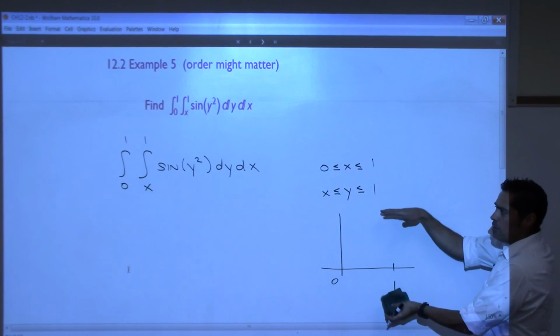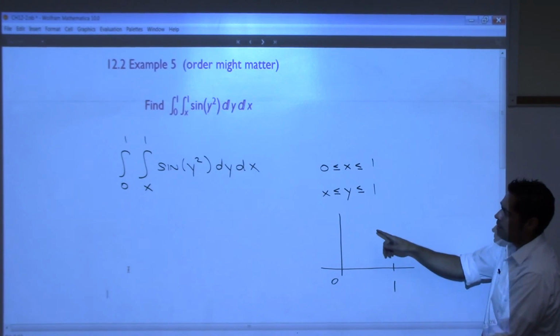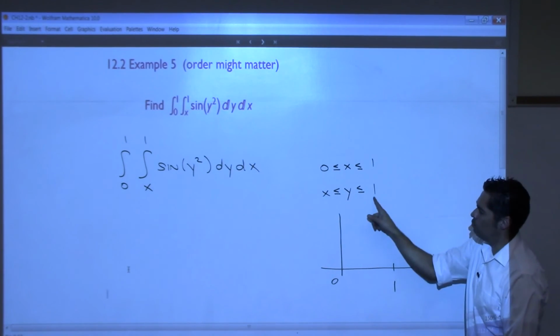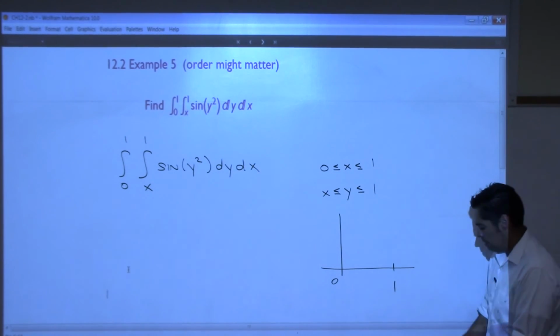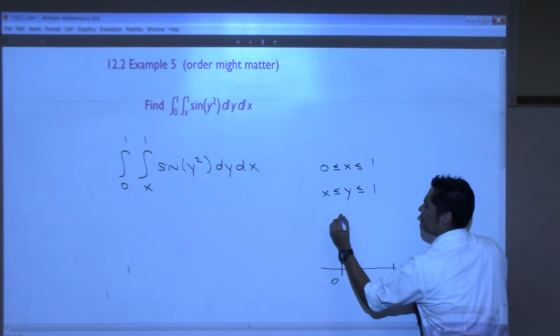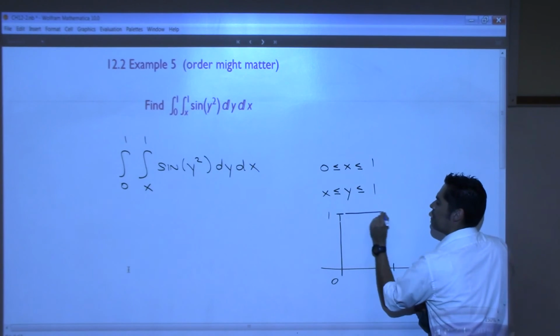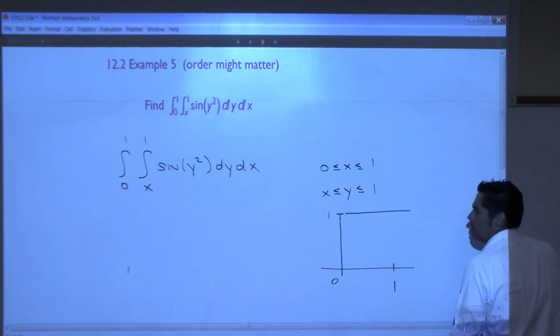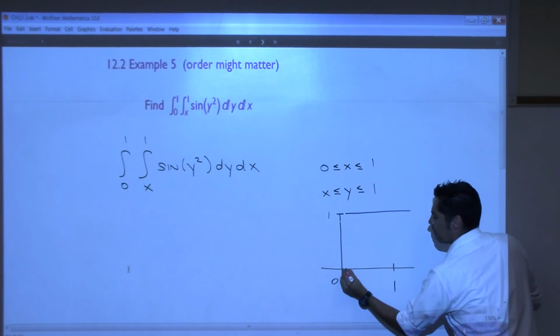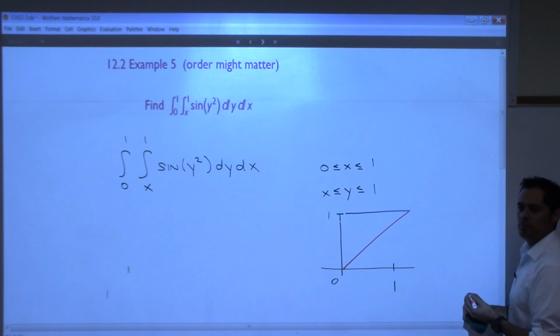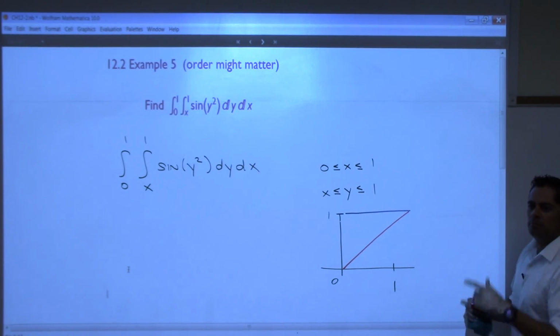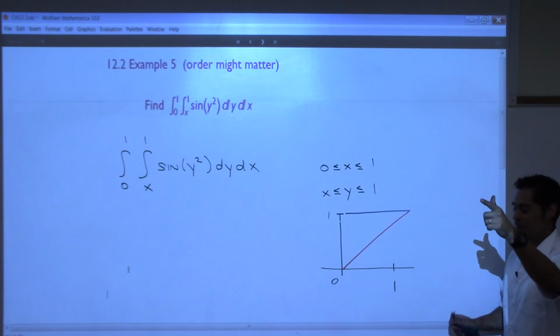But my y values are between, what? 1 is the top and x is the bottom. So 1 being the top is this, right? x being the bottom is this. Yes or no?